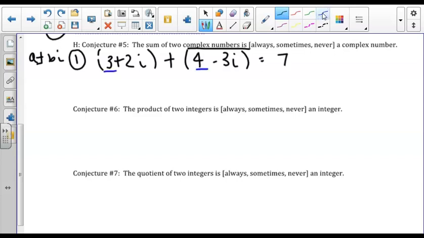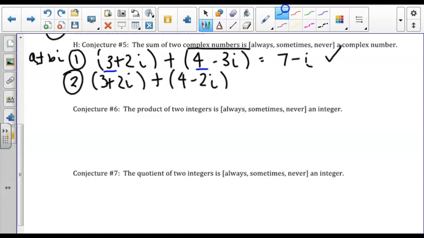So when we add 3 plus 4, we will get 7. And when we add 2i minus 3i, we'll get minus i. That is definitely a complex number. If we try adding 3 plus 2i plus 4 minus 2i, when we add the real parts together, we'll get 7.